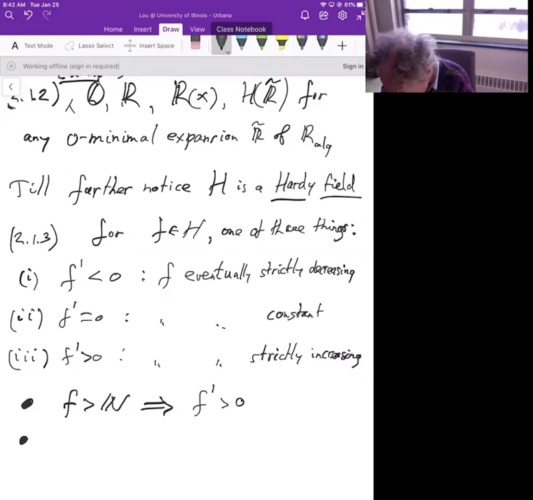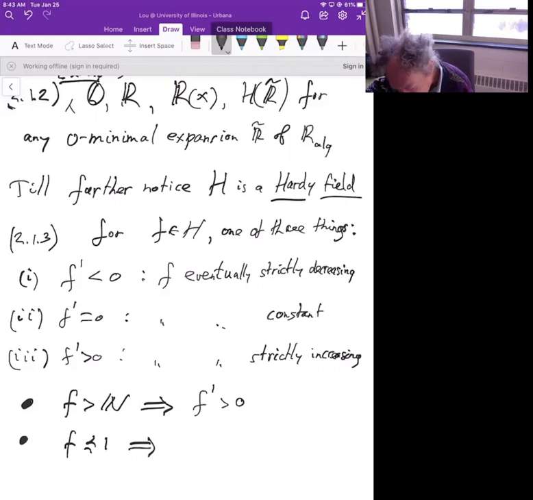And if f is bounded, f dominated by 1, then it must go to a limit, a real number; there must be a real number c such that f(t) has limit c.